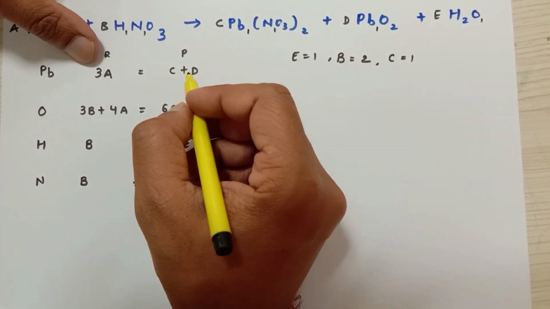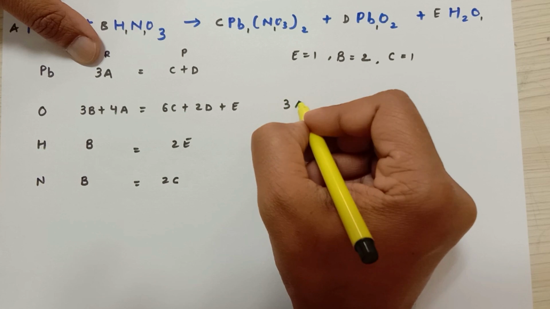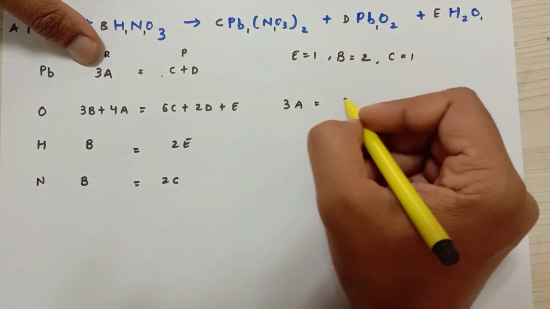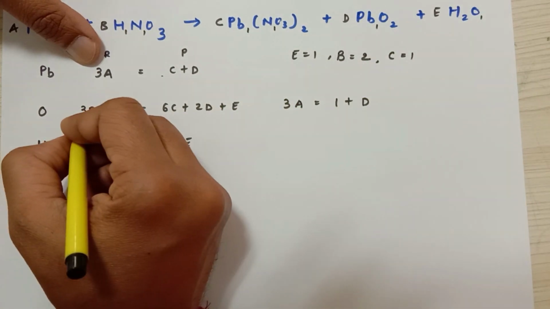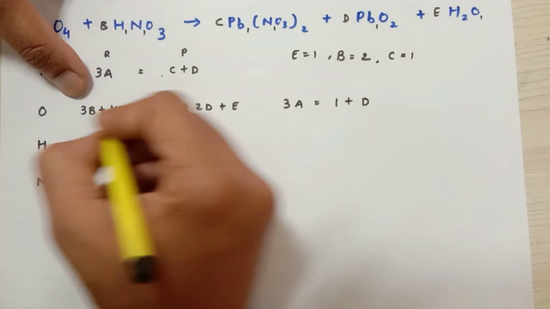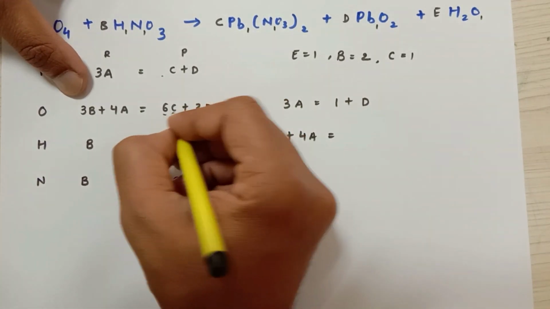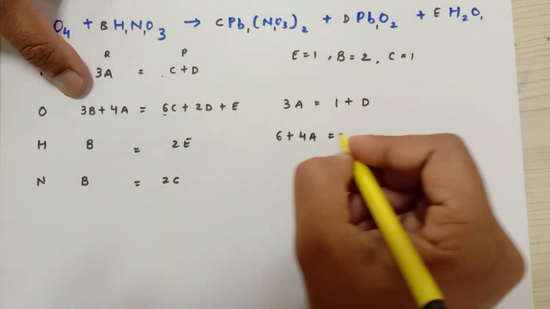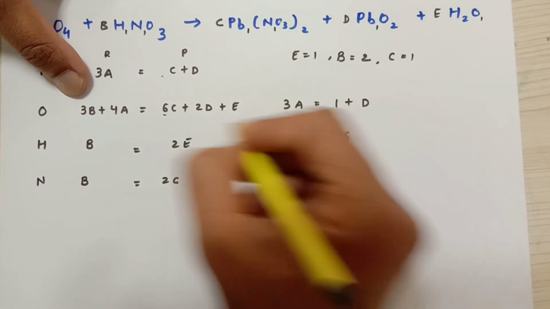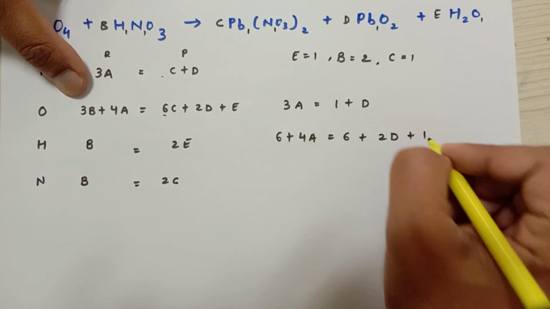Now let me put the values over here. 3A is equal to C, which is 1, plus D. So this equation becomes 3B, and B is 2, so it is 6 plus 4A is equal to 6C. So 6C would be 6 plus 2D plus E, which is again 1.